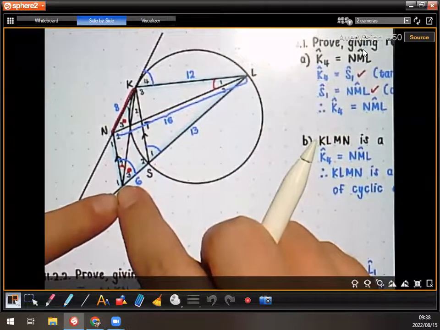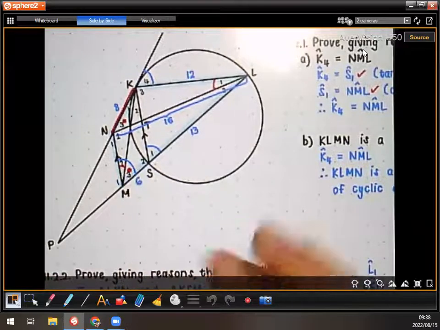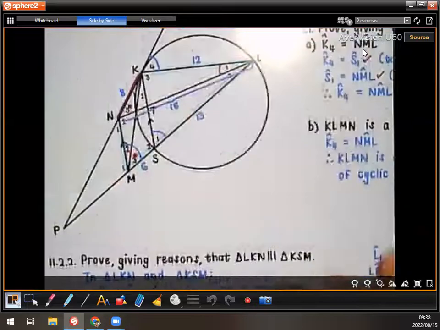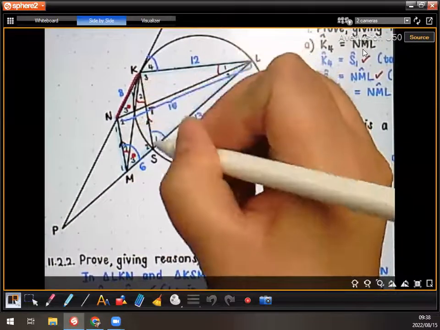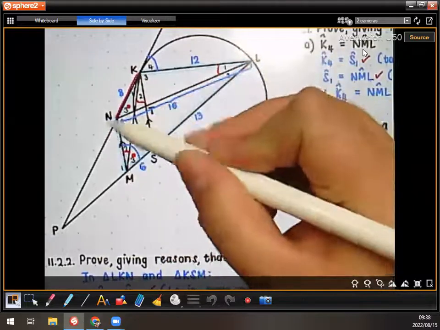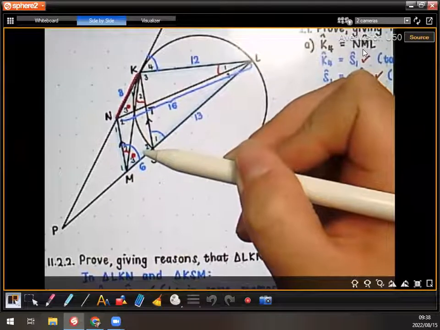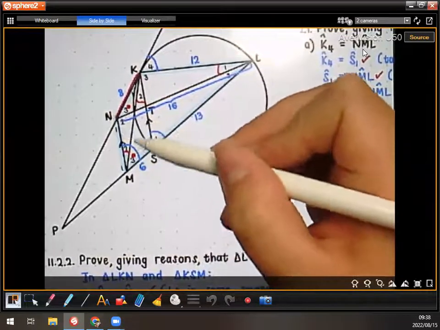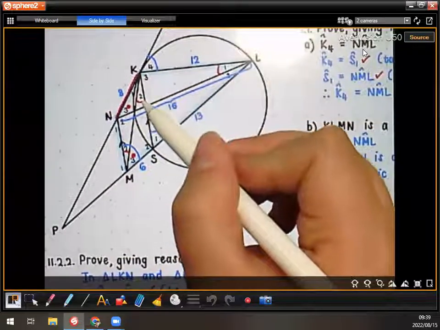Yeah. So that was the first segment. But then M2 is equal to, what was it now again? M2 is equal to K2 because of that Z shape, alternate angles. You see, this diagram definitely has too much stuff happening here. So M2 was equal to K2. So because of that, L1 is equal to K2.